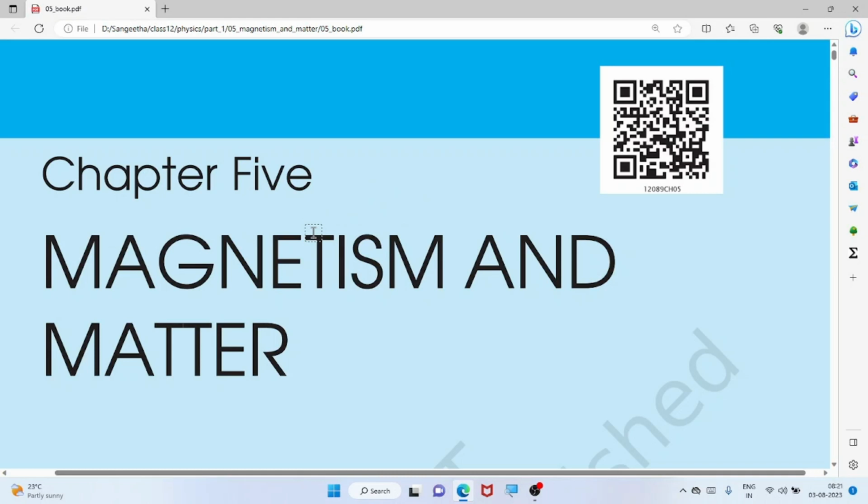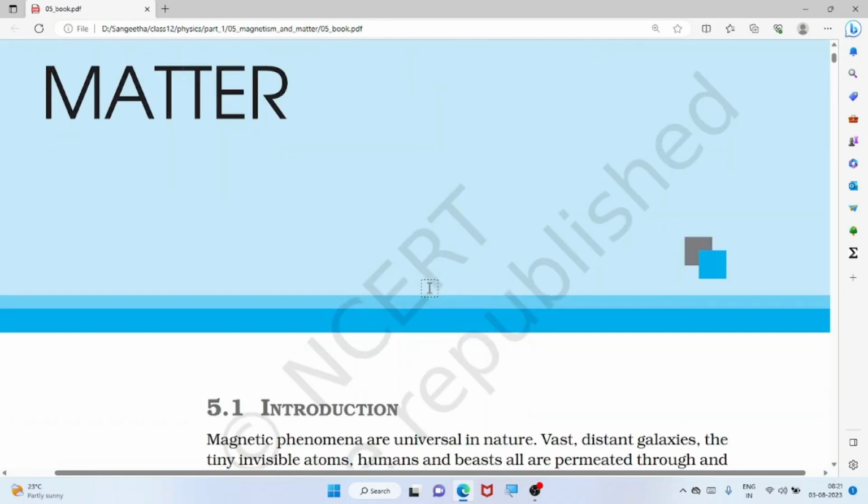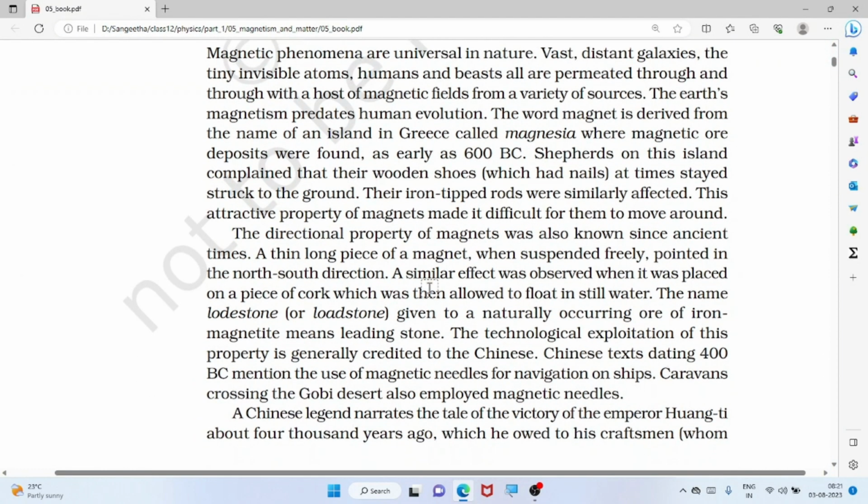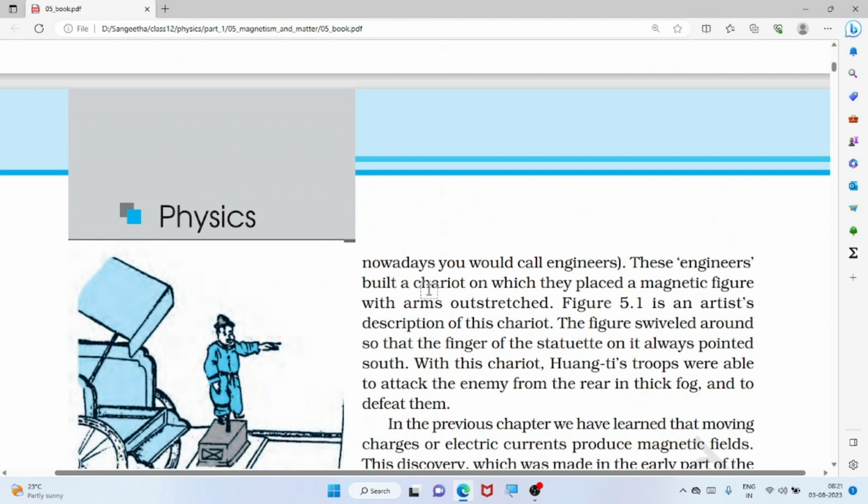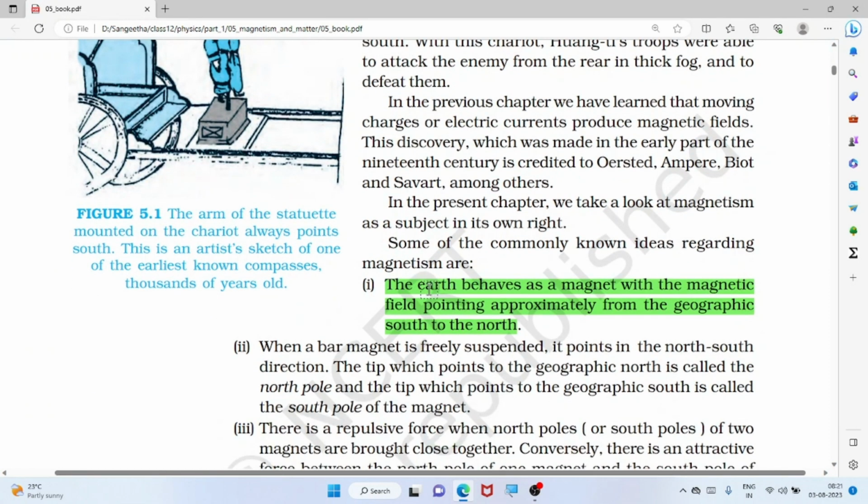Okay, we will go through some important points in class 12 physics chapter 5, magnetism and matter. In this figure, the arm of the statue mounted in the chariot always points to the south.